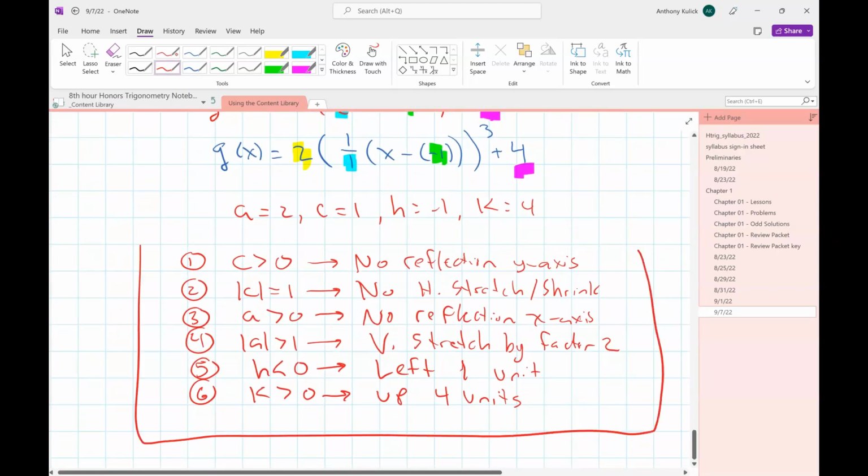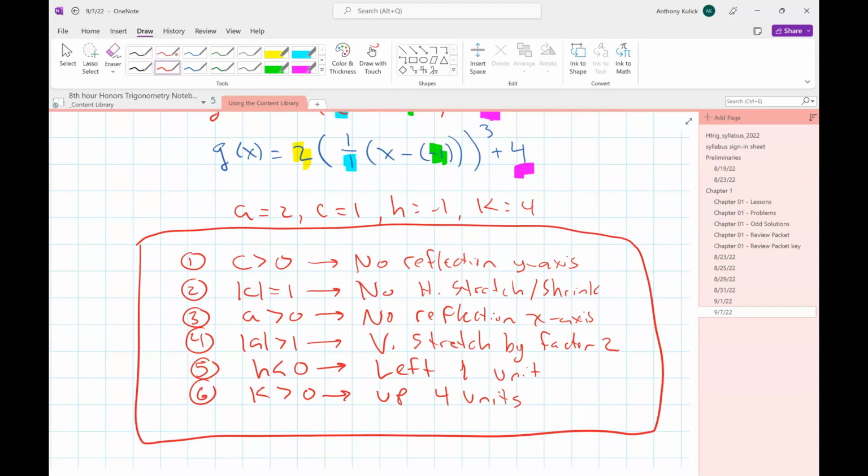So there's my order of transformations. Notice even if nothing's happening, I'm stating that nothing is happening and why. Is everybody cool with how to do that? That will be the expectation in the homework or on the test or whatever, that you're able to do that.